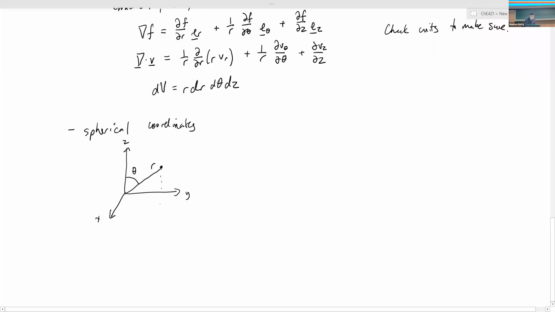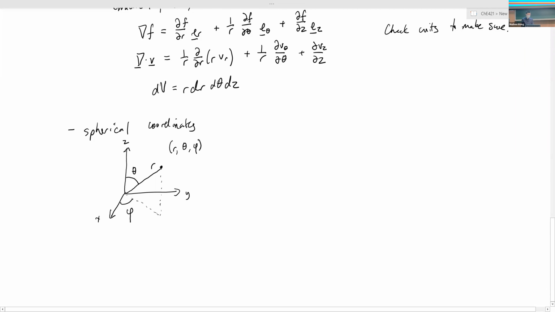And then, of course, the other angle, which is called the azimuthal angle, is going to be called phi. As a result, you also have unit vectors and so on. Anyway, this particular point is going to be written r, theta, and phi.